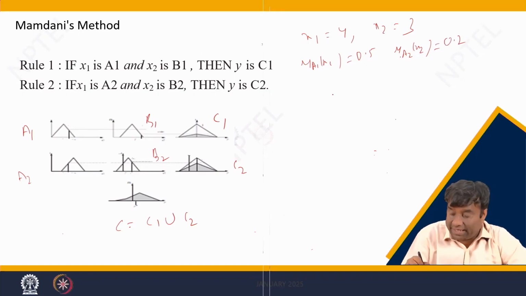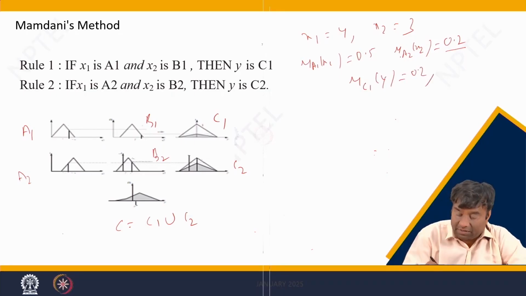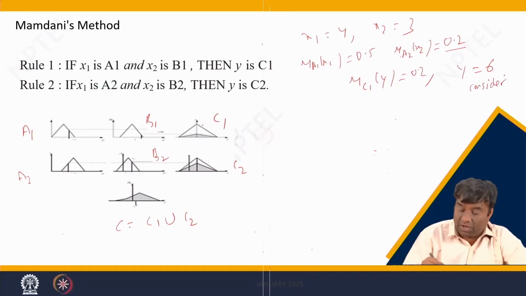We need to take the minimum value because there is AND. So the minimum value is 0.2. So assume that mu C1(y) equals 0.2 and at the midpoint y equal to 6.